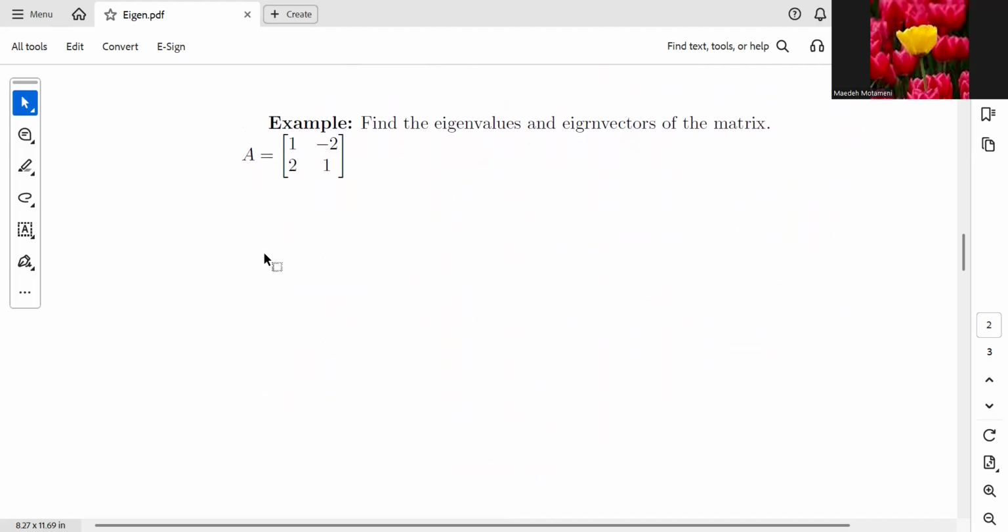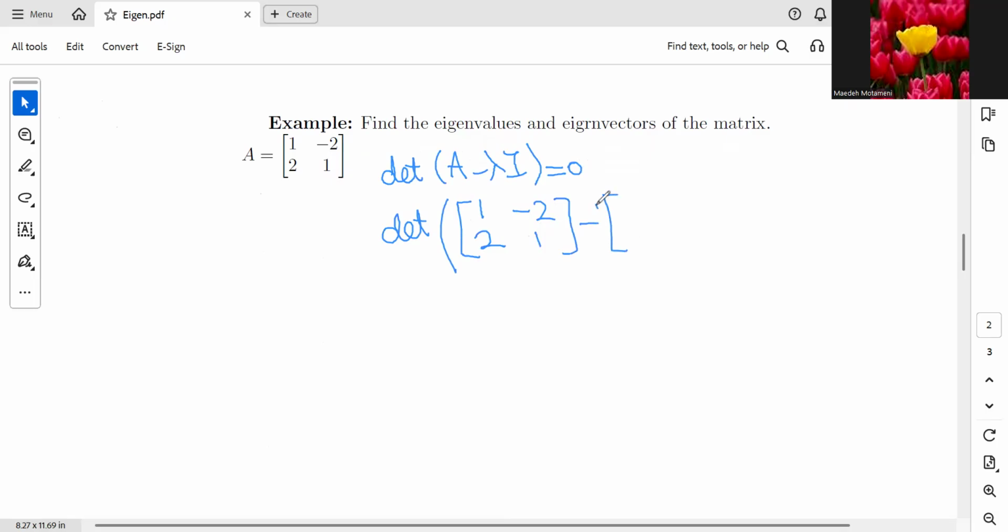The first one is how to find eigenvalues and eigenvectors. Let's say we have this matrix. This is the same question as we had in the review worksheet. In order to solve it, the determinant of A minus lambda I means the determinant of the matrix 1, negative 2, 2, 1 minus lambda times the identity matrix in the size of the matrix that we already have.